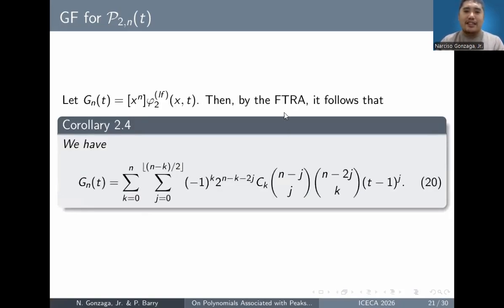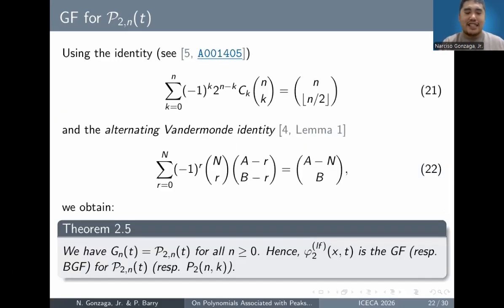And by using the FTRA, the fundamental theorem, setting G sub n of t as the coefficient of our candidate generating function, then G sub n has this explicit formula. Our goal here is to simplify this explicit formula, so that it would match the polynomial associated with peaks of Dirichlet factors.